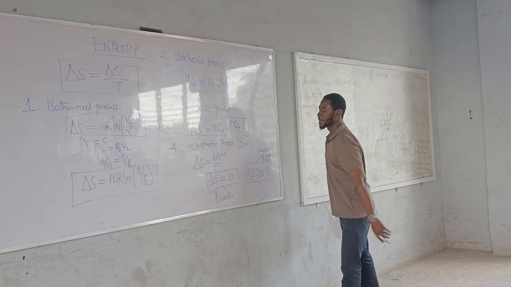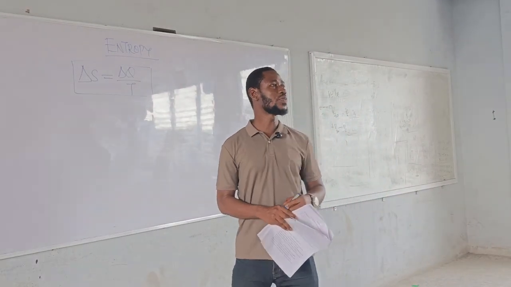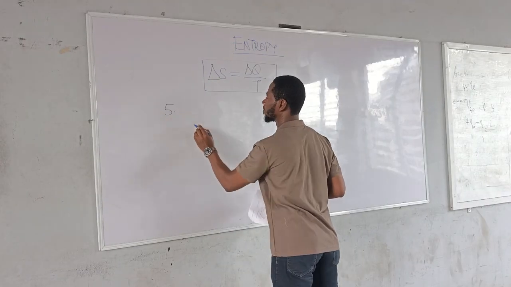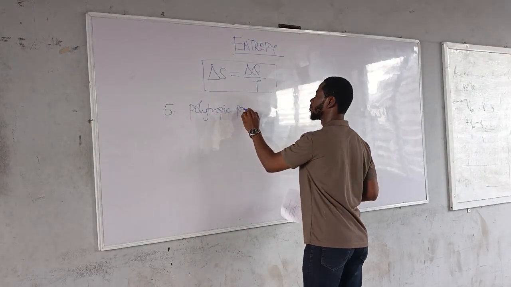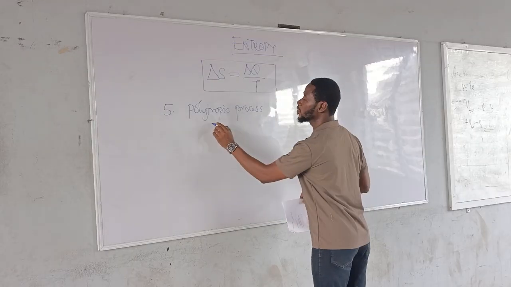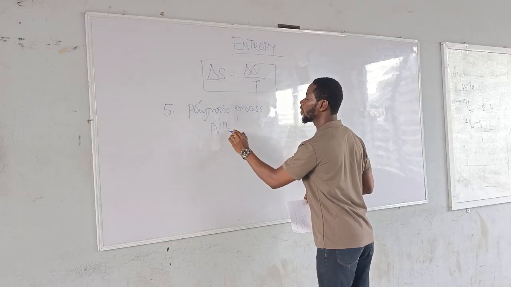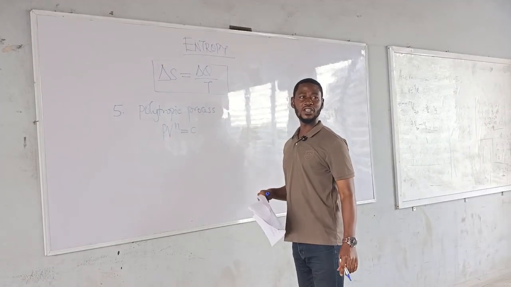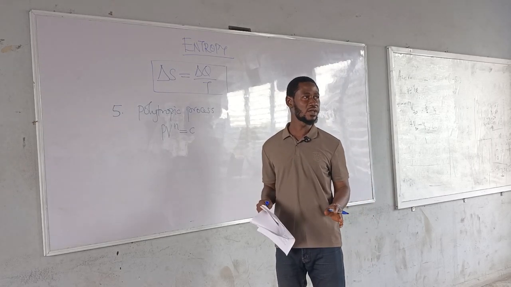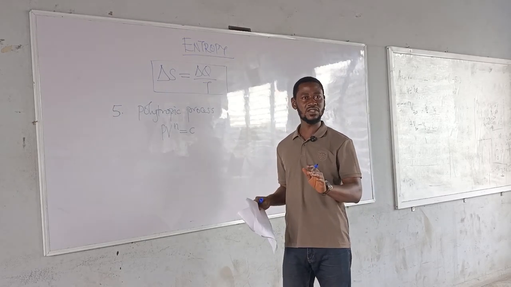The fifth one is entropy change in a polytropic process. You should recall that any equation that comes in the form PV raised to the power of n equals C is referred to as a polytropic process. Now, what is the entropy change in this system?